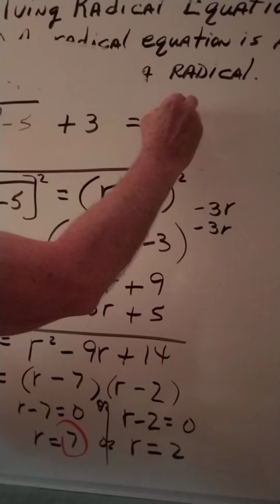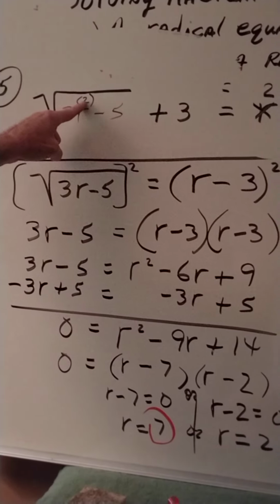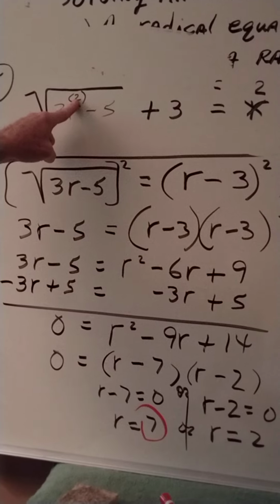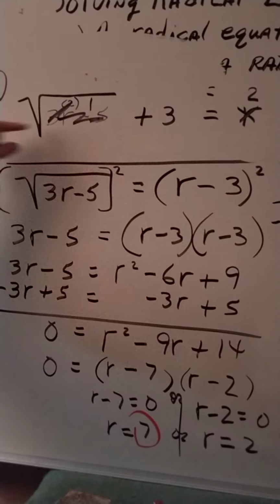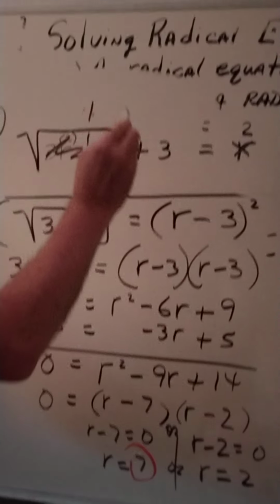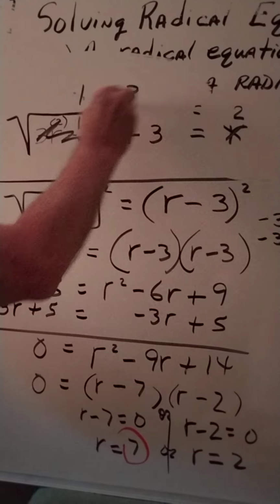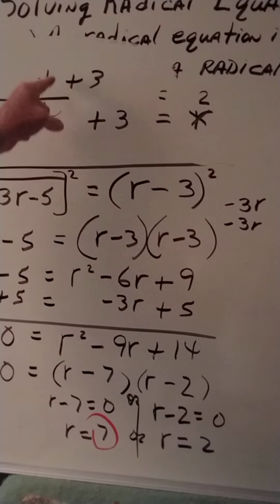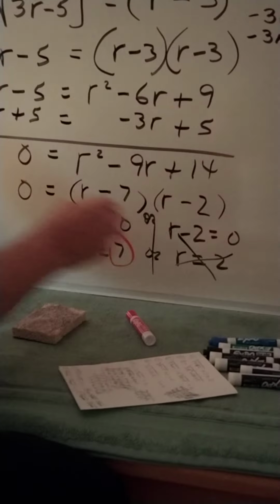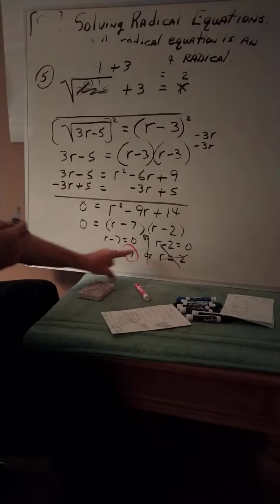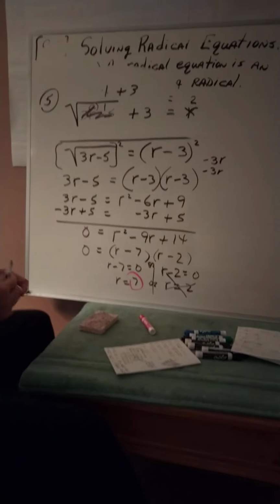A 2 here. 3 times 2 is 6. 6 minus 5 is 1. The radical of 1 is 1. However, 1 plus 3 is 4. It's not 2. No good. He's extraneous. He's the only one that we can take.